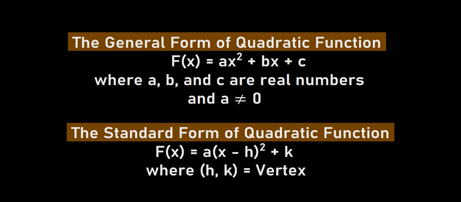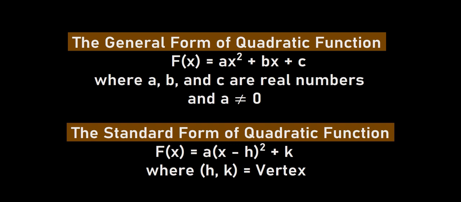Now, before we start solving problems, please note that the general form of the quadratic function is given as f of x equal to ax squared plus bx plus c, where a, b, and c are real numbers, and a is not equal to 0.